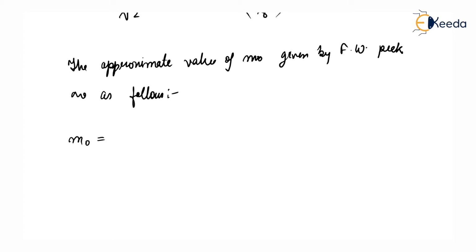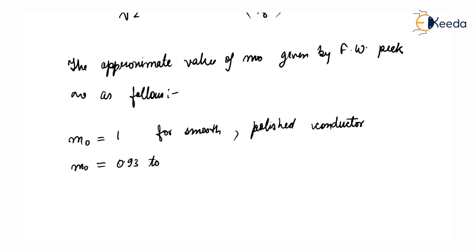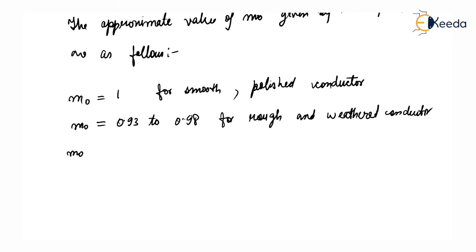So m naught equals 1 for smooth and polished conductor. m naught equals 0.93 to 0.98 for rough and weathered conductor, and m naught equals 0.80 to 0.87 for stranded conductor.